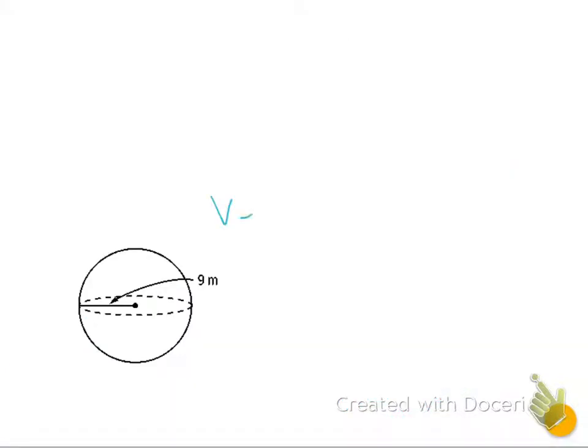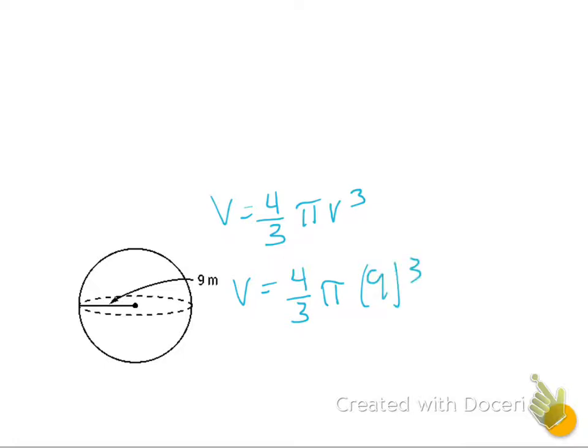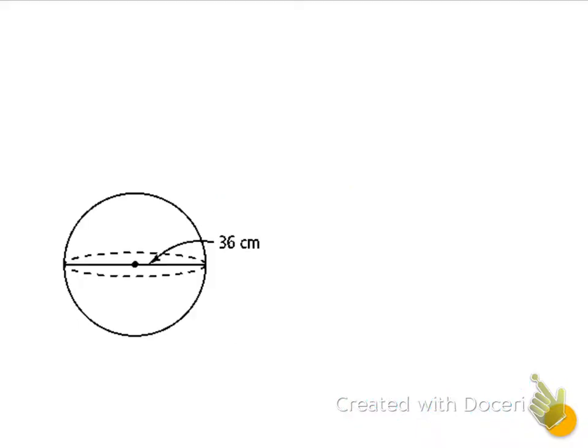Okay, so we're finding the volume, 4/3 pi r cubed. So V equals 4/3 times pi times my radius cubed. So 9 to the third is 729. That times 4/3. So V equals 972 pi meters cubed. Okay, V equals 4/3 times pi r cubed, so V equals 4/3 times pi.